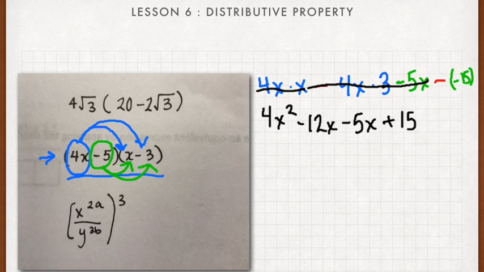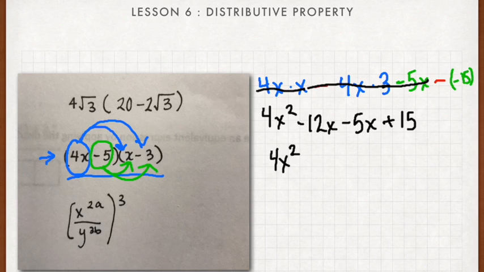I notice that x in this -12 and x in this -5 are to the same power, which is the power of 1. Therefore, I can combine those numbers and coefficients into 1. So I'm going to keep this 4x squared by itself, because there are no other terms that have a 4x squared.